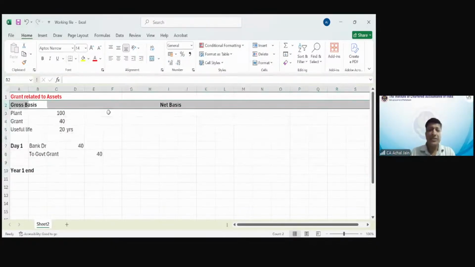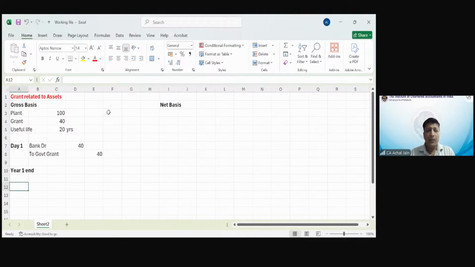So can you tell me what is going to be the depreciation on plant? What will be the depreciation on the plant? Can you tell me quickly? So what is going to be the amount of depreciation? Over to you quickly. Ron says it will be 5 crore, right? It will be 5 crore.